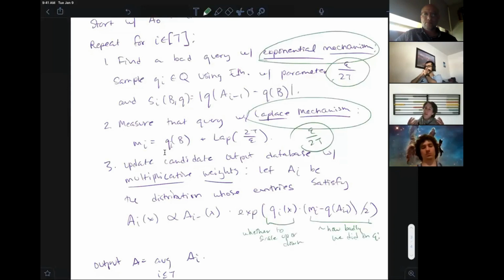And if that sounds sort of impossible, why is that possible? What's going on here in some sense is, instead of adding Laplace noise to each query separately, we're adding noise that correlates and coordinates across the queries.